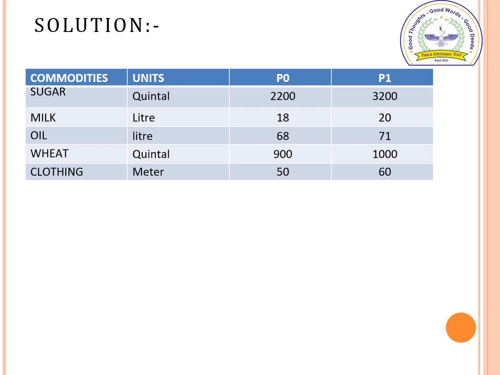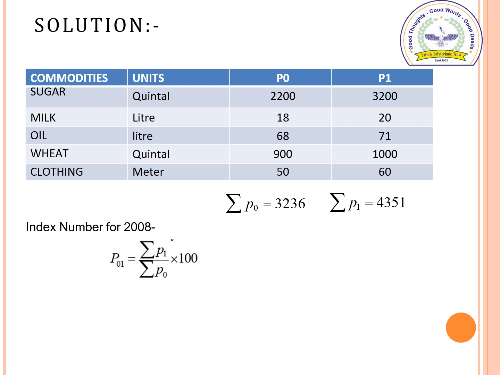Total of P0 is 3236 and total of P1 is 4351. Now you just have to put all these values in the given formula. Formula for index number for 2008 is summation P1 upon summation P0 into 100.